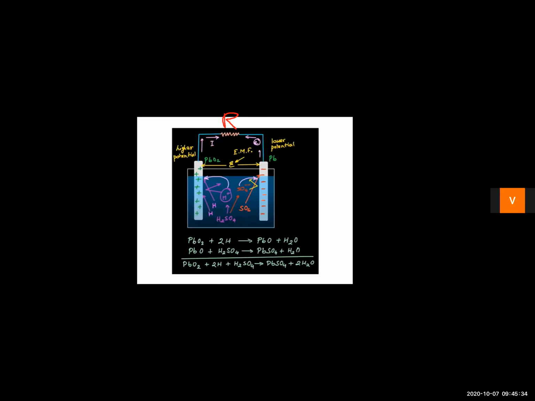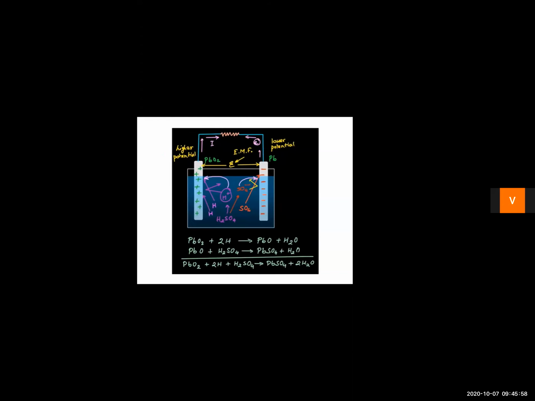So here you can see the purple color line shows you the direction of the current, that is from the plate at higher potential towards the plate at lower potential, right? And opposite to that is the direction of the flow of electrons. Electrons are flowing opposite to the current, right?